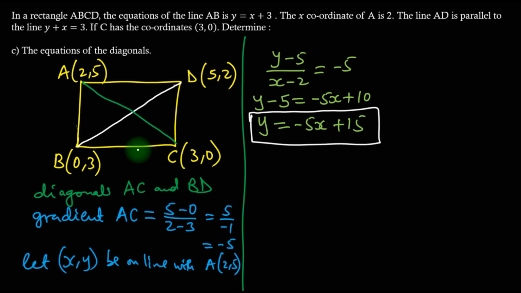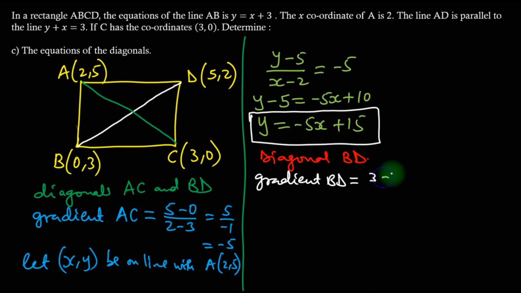Also, we can consider the other diagonal, BD. Also, we need to get the gradient of BD, change in y over change in x. So we have 3 minus 2 all over 0 minus 5.